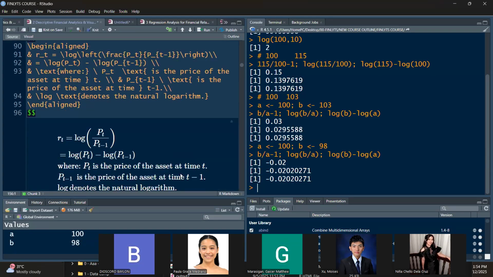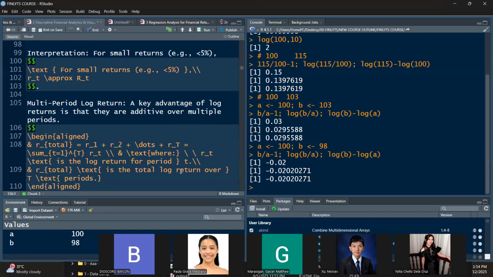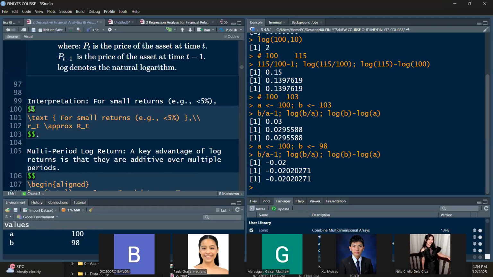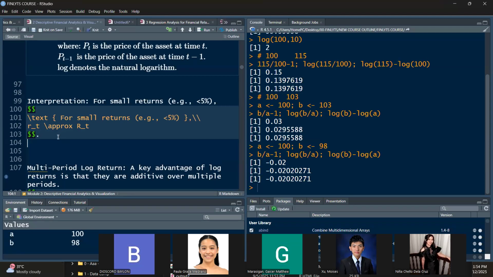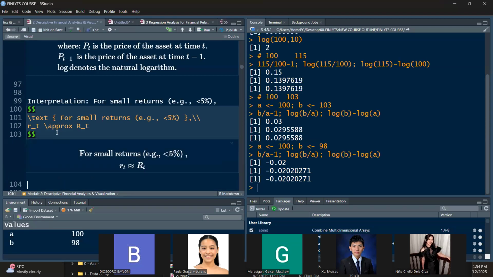But we can conclude that, class, for small returns, such as less than 5%, your log returns will be approximately equal to your simple returns.